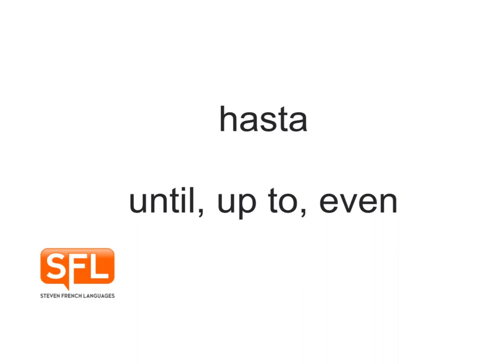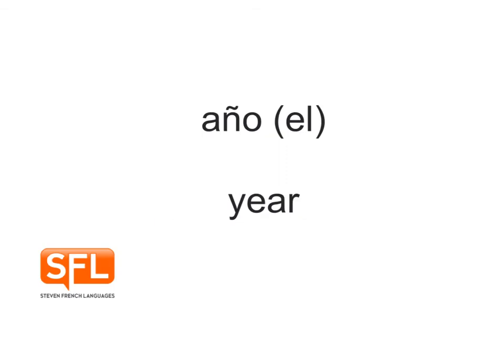Hasta. That's it. Perfect. No need to pronounce the H at the beginning of hasta. So hasta can mean until, up to, and in certain circumstances means even. So that's hasta, meaning until, up to, or even. El año.